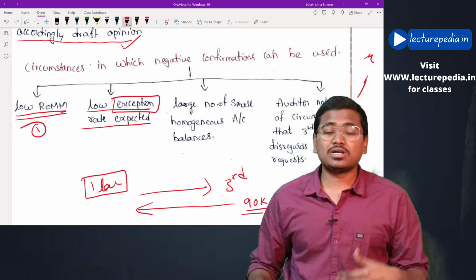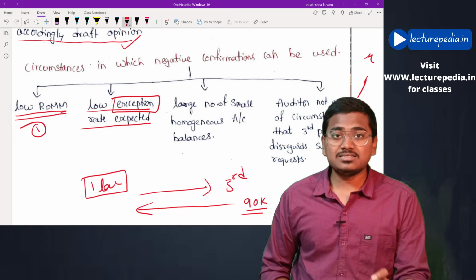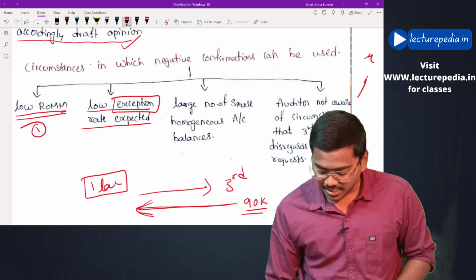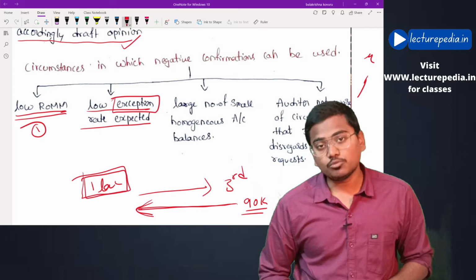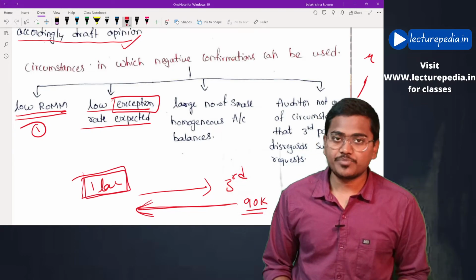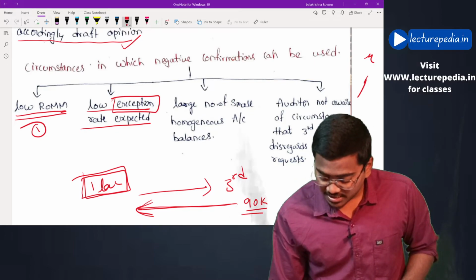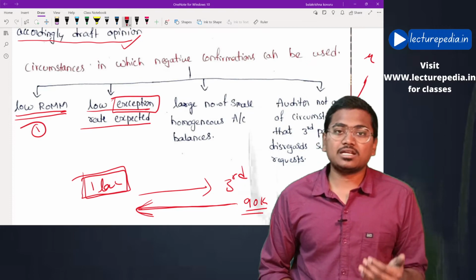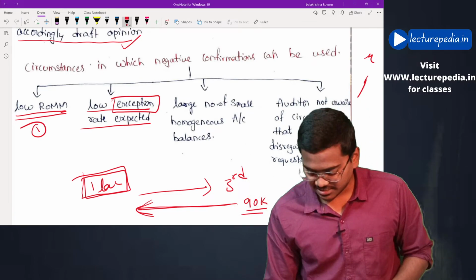This is known as an exception. There is a difference between the confirmation received and the amount that is actually present in the books. Now if the auditor feels that there is a low exception rate, even in this case the auditor can use a negative confirmation request.